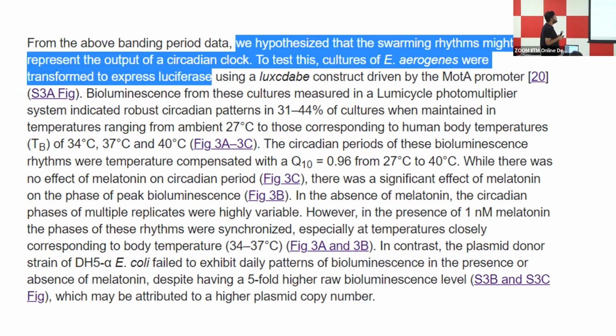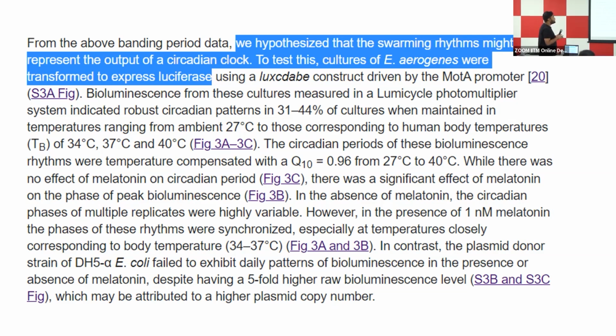Another thing they did in the paper is that they hypothesized that the swarming rhythms might represent the outputs of a circadian clock, and to test this, they transformed the cultures of E. aerogenes to express luciferase, which is a bioluminescence protein. So they basically used bioluminescence to test their hypothesis.